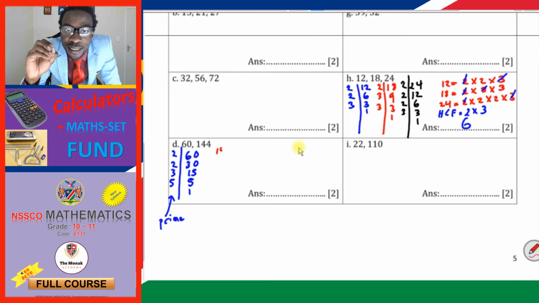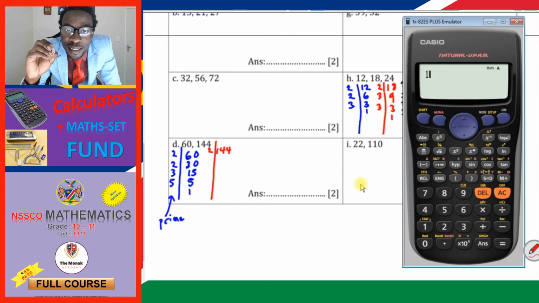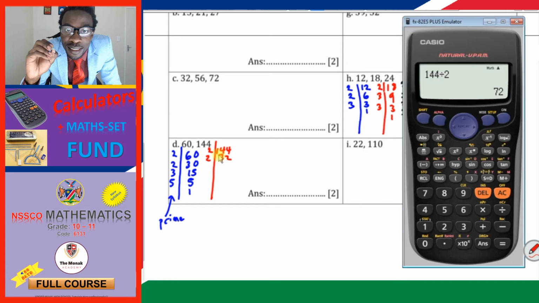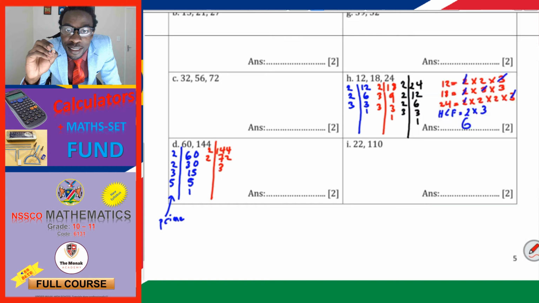Similarly, we do 144. We start with 2. Again, my point is, if you are not sure, use a calculator. 144 divided by 2 is 72. We try 2 again. 72 divided by 2 is 36. We try 2 again.